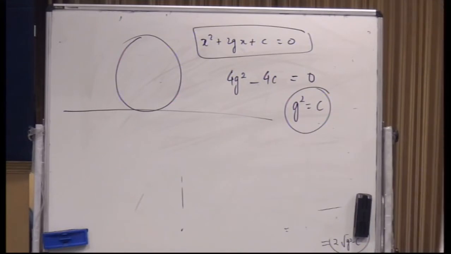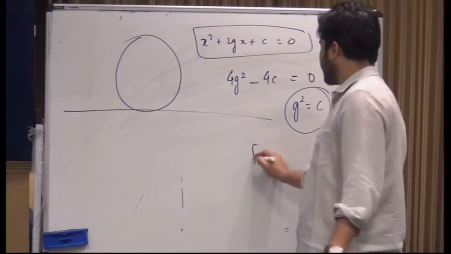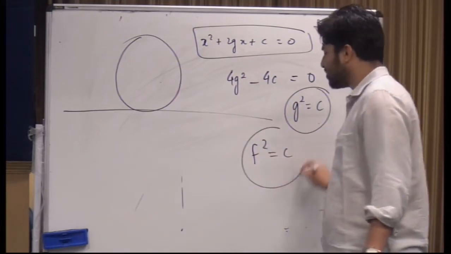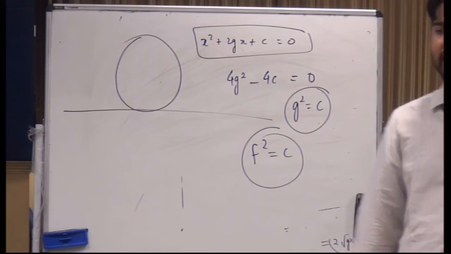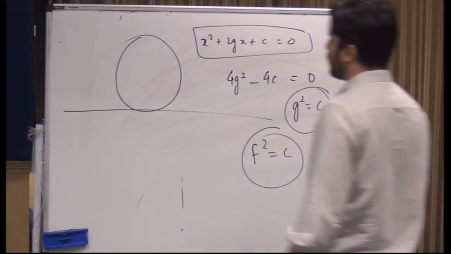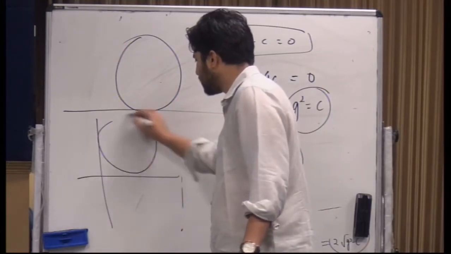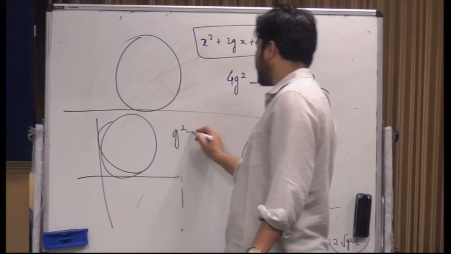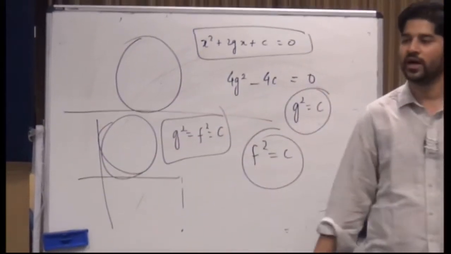When g square is equal to c, the circle touches the x-axis, and when f square is equal to c, the circle touches the y-axis. And when the circle touches both the x-axis and the y-axis, what does it mean? It means g square is equal to f square is equal to c. Understood?